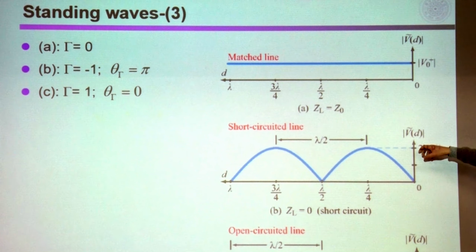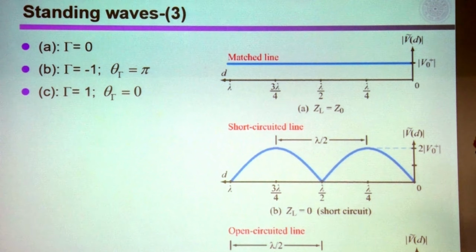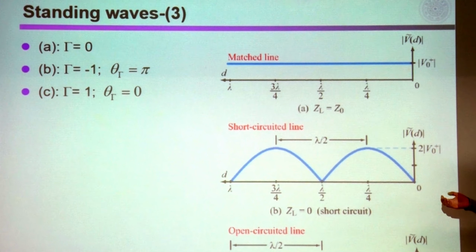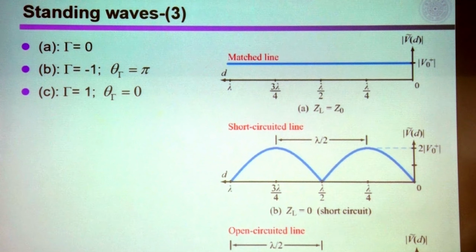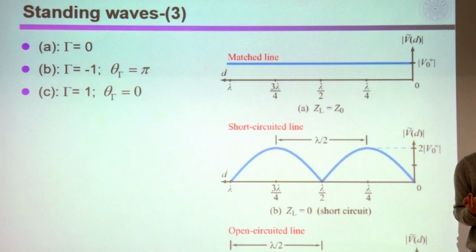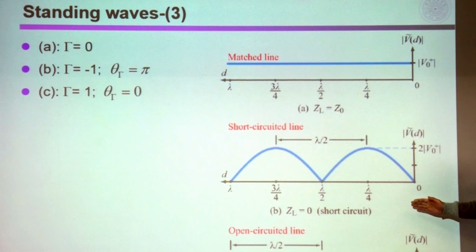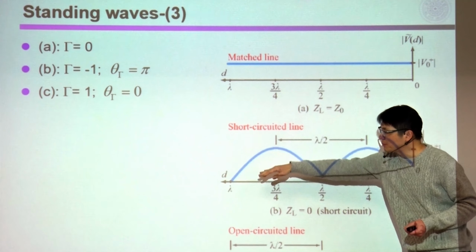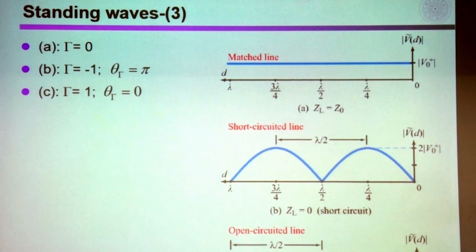If you short circuit the line, meaning the load impedance is 0, or you leave it open, so the load impedance is infinite, both cases would give you a reflection coefficient amplitude of 1. That's a situation where you have the maximum variation in the allowed voltage.